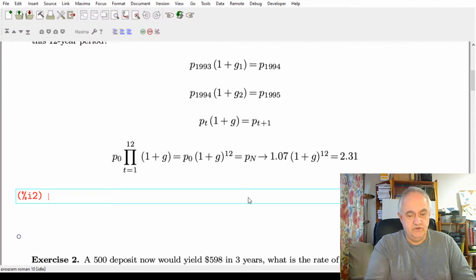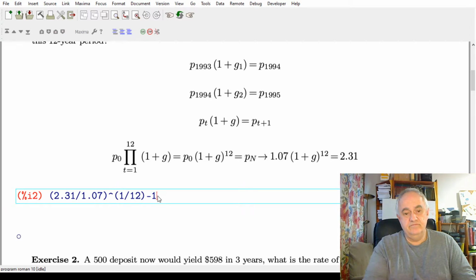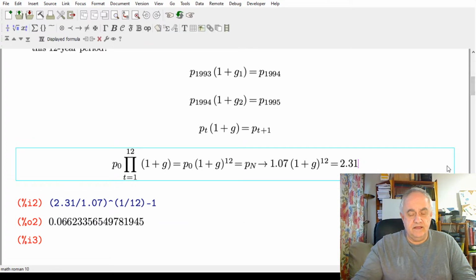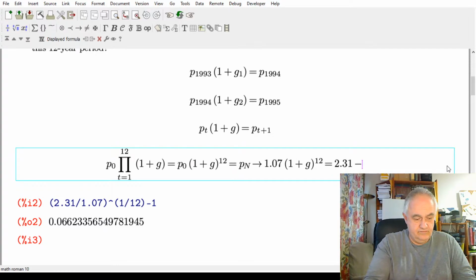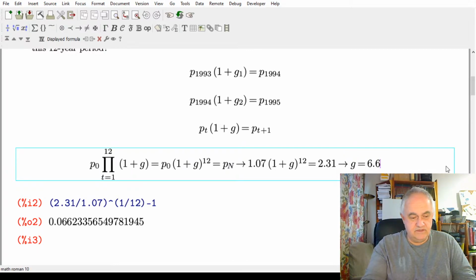So 2.31 divided by 1.07, up to 1/12, minus 1, will produce the final output. And from this we get G equal to 6.62%.